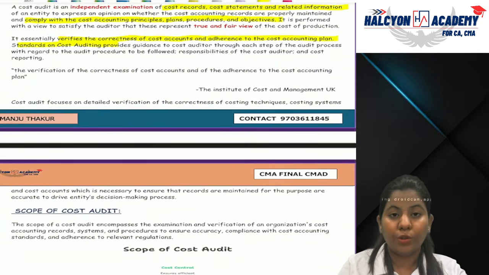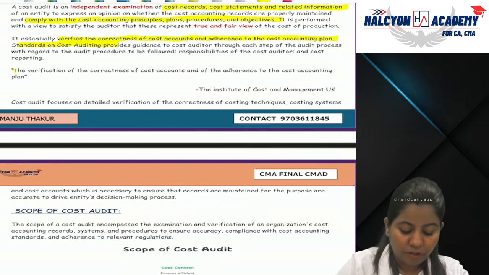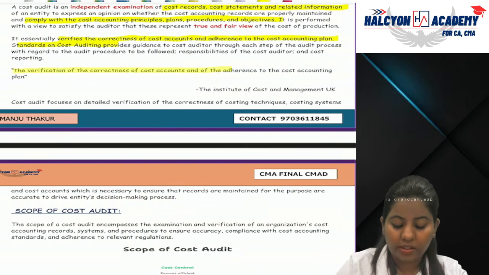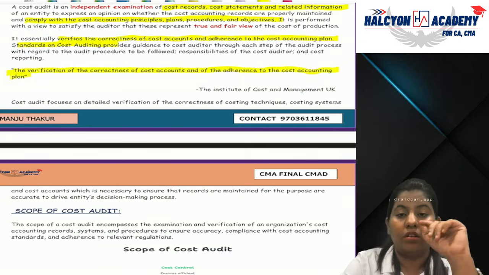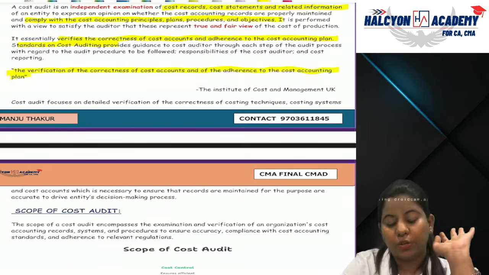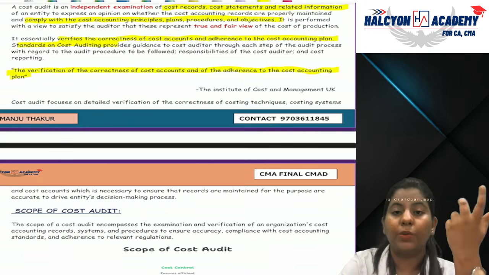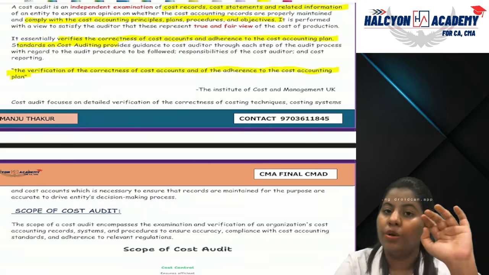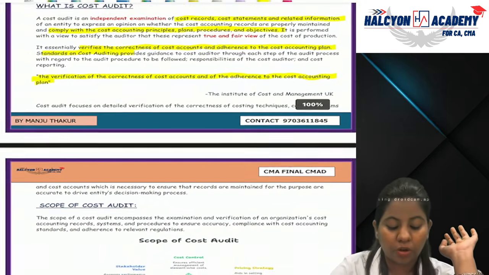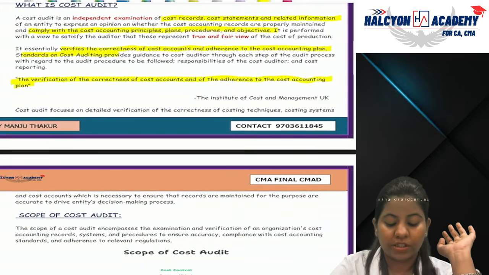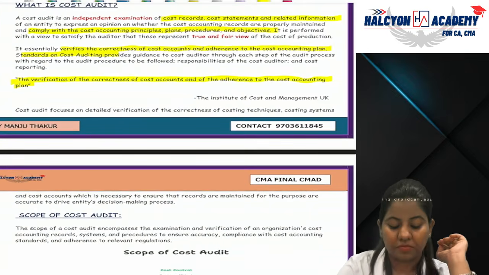Whatever I have told you is written here. The verification of correctness of cost accounts and of the adherence to the cost accounting plan: whether the cost accounts are correct or not, whether everything is as per the cost accounting plan or not, whether the procedures are followed or not, whether the objectives are fulfilled or not.